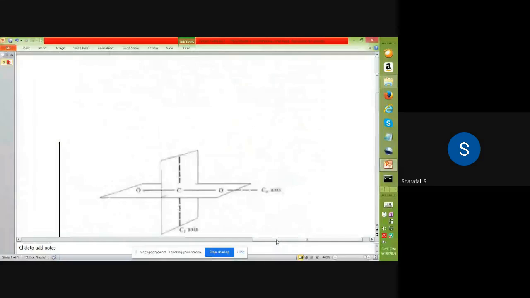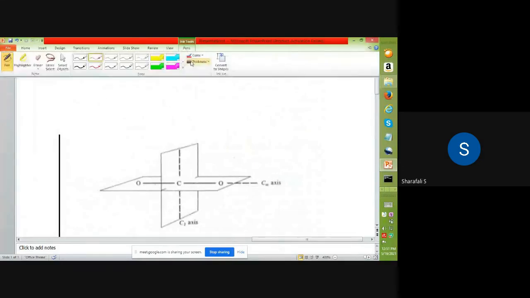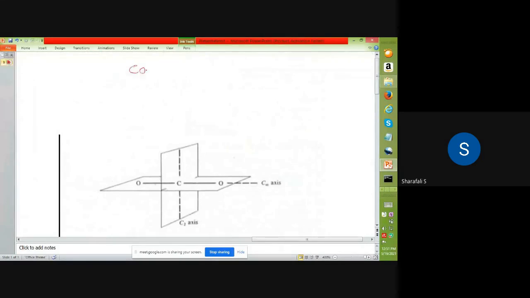Now we will discuss another example of a polyatomic molecule, that is carbon dioxide. For the carbon dioxide molecule, we have two different axes in this case.